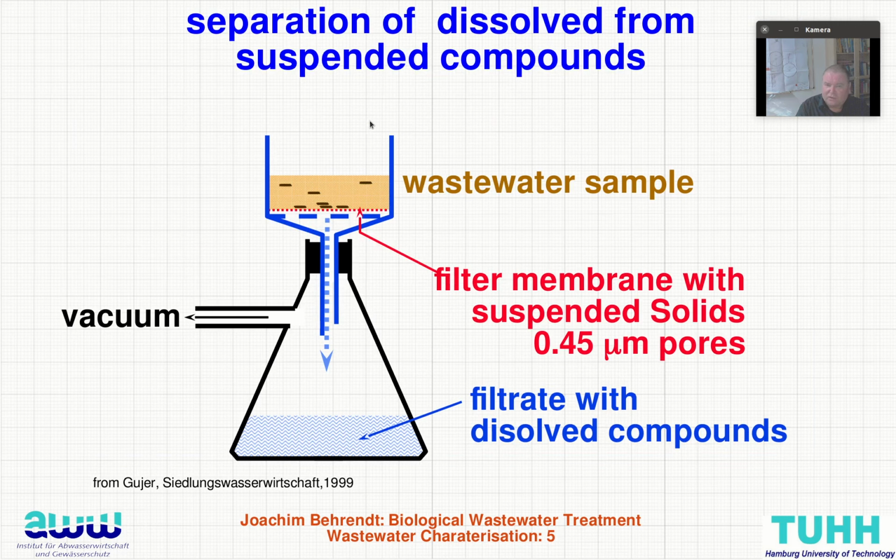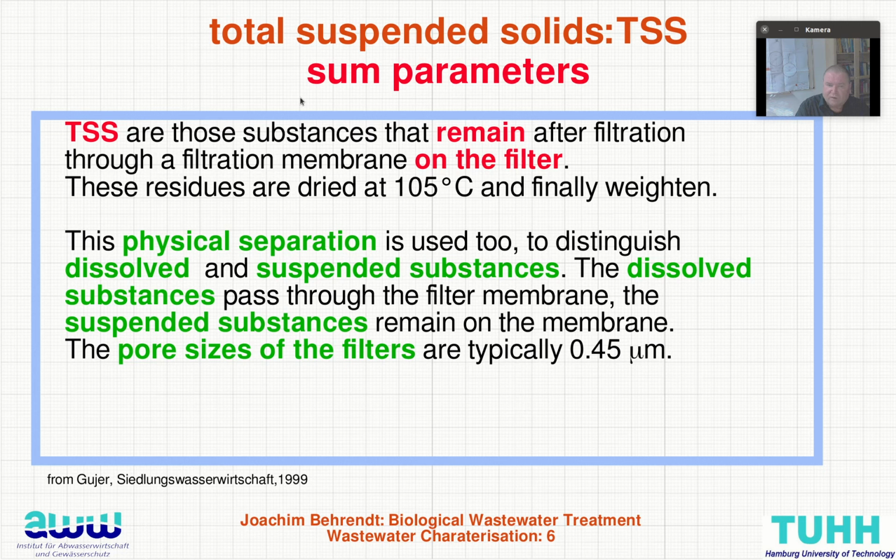The separation of particulate material from dissolved material is done by filtration with a pore size of 0.45 micrometers. Everything which is in the filtrate we treat as dissolved component. And in this case we can find the first sum parameter, the total suspended solids.